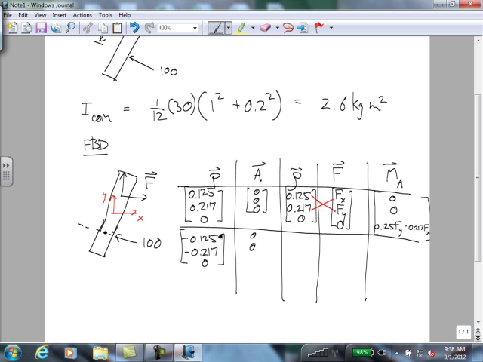The about point stays the same. Do that subtraction and you get negative 0.125, negative 0.217, 0. And the force vector is negative 86.6, positive 50, 0.